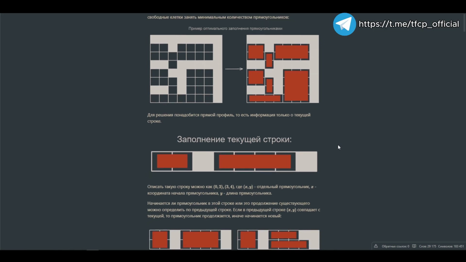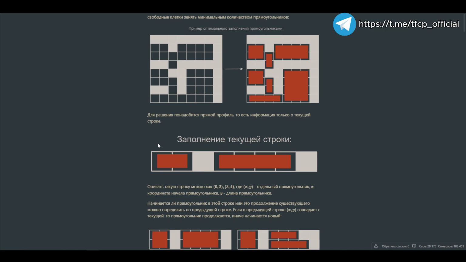Accordingly, how could we write some current row? Here we have two rectangles, one measuring 1 by 2 and the other 1 by 4. This could be written using coordinates like x, y: 0, 2, and 3, 4, where x represents the coordinate where we start the rectangle, and y is the length of the rectangle.